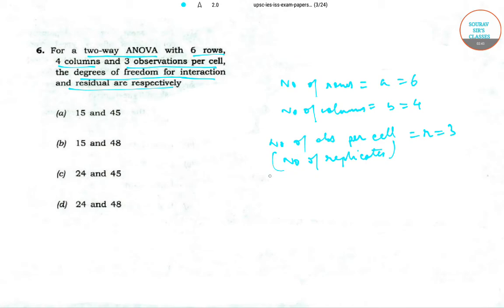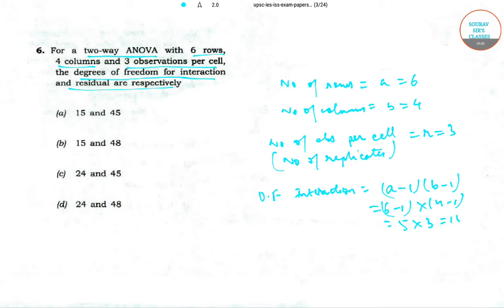Thus, the degrees of freedom for interaction is equal to (A minus 1) into (B minus 1). This comes out to be (6 minus 1) into (4 minus 1), which is actually 5 into 3, equal to 15.